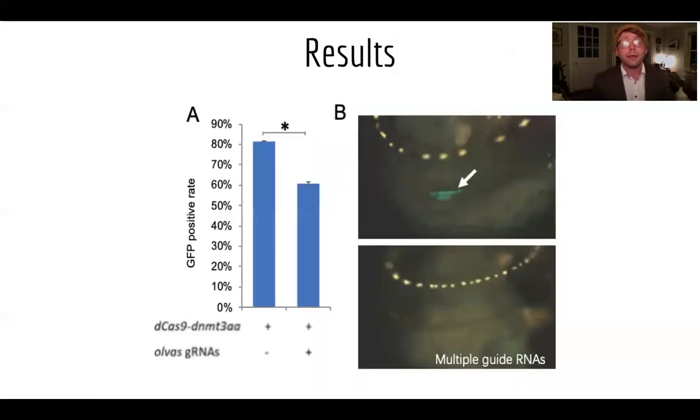What we saw with a single guide RNA, we achieved a 20% reduction in our GFP expression, and using multiple guide RNAs, we were able to completely eliminate the GFP expression after 6 days in 60% of fish. So very exciting.